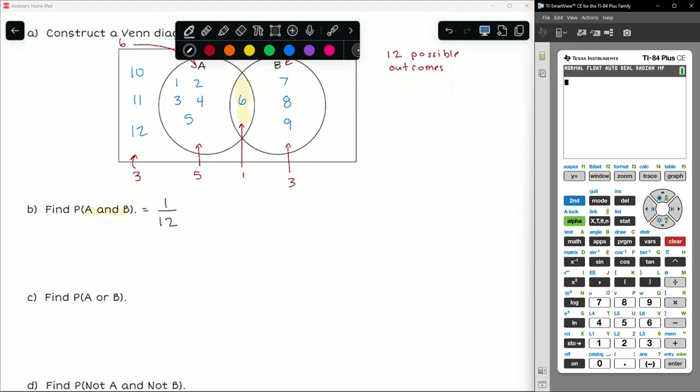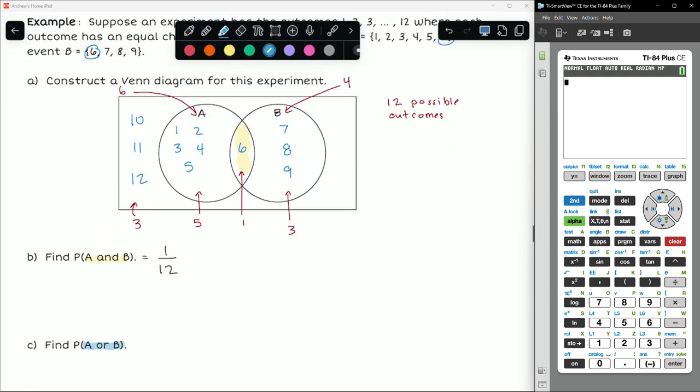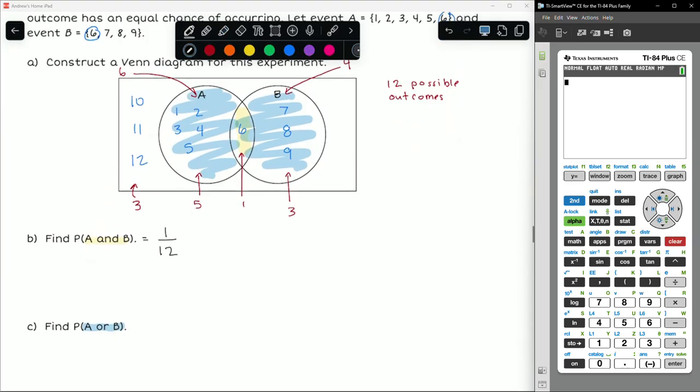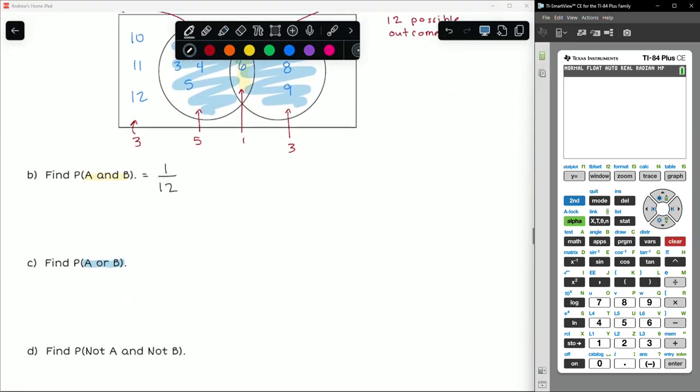For A or B, we'll go back to my highlighter. I'm going to do this guy in blue. A or B is everything that's in A and everything that's in B. And you'll notice that A and B have overlap, so when I do this, I have to remember to subtract off the double count when I use my addition rule for the OR.